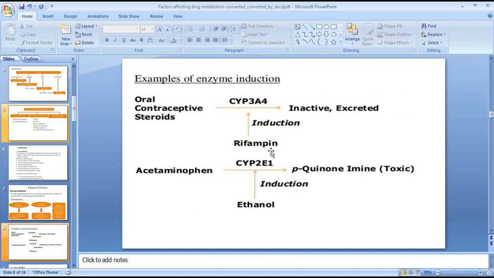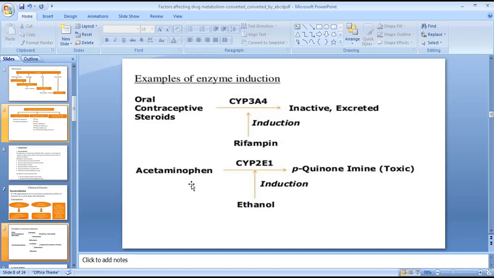But the drug molecule which induces this enzyme, which enzyme? Cytochrome 3A4 enzyme. So this rifampicin will induce cytochrome 3A4. So what happened? It will induce and convert them into an inactive compound and it is excreted out.